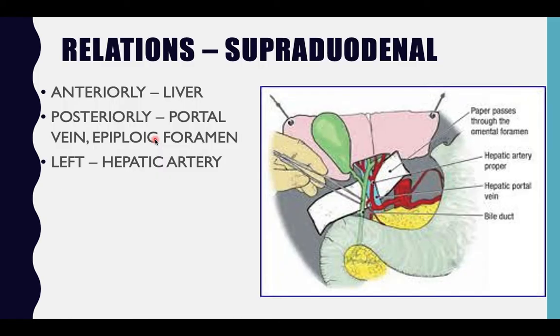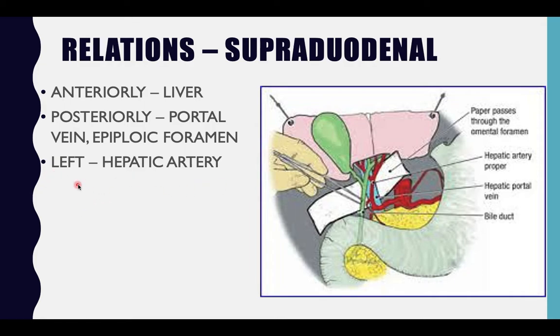First are the relations for the supraduodenal part. Anteriorly it has the liver related, posteriorly the portal vein and the epiploic foramen, and towards the left there is the hepatic artery.